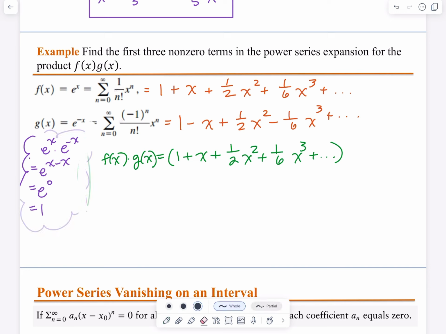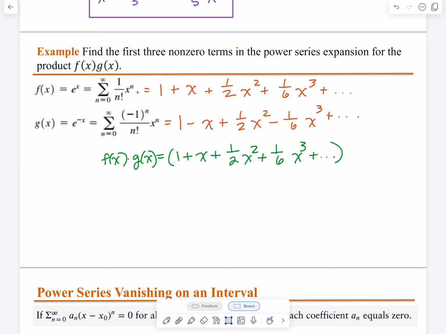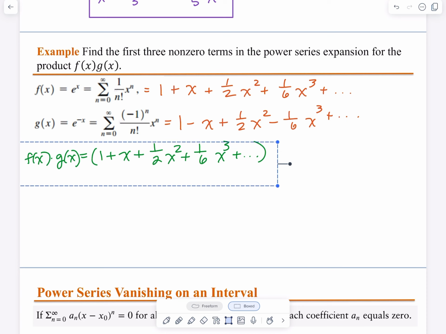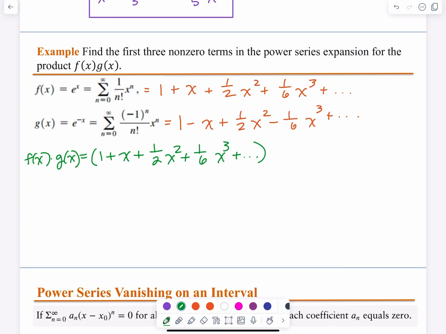But we do already see why we're going to have that. Okay, so now we have a little more room to work with. One minus x plus 1/2 x squared minus 1/6 x cubed, and so on and so forth.